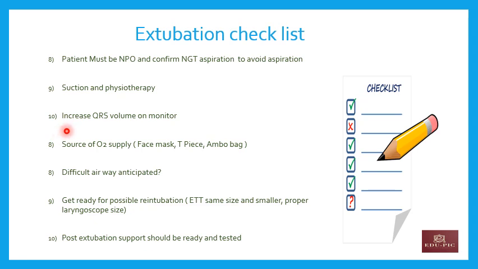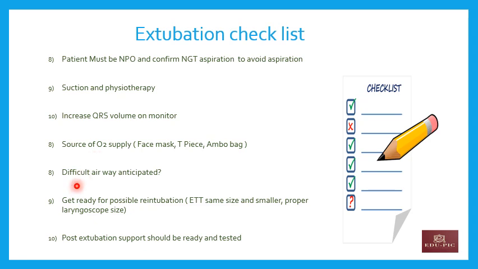Try to increase the QRS volume on the monitor. Then you don't need to look at the heart rate or the hemodynamics, but the sound changes during the extubation process will get your attention. Source of oxygen supply like a face mask and T-piece and Ambu bagging.